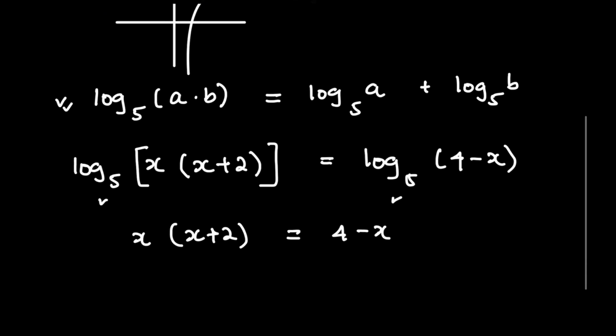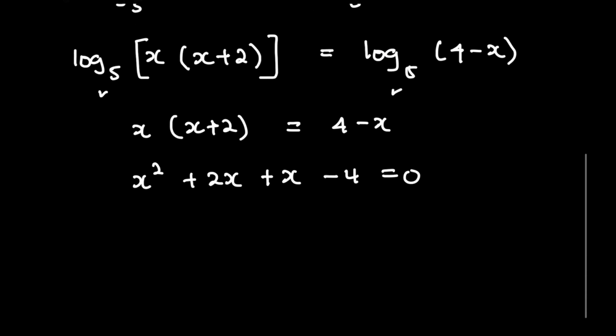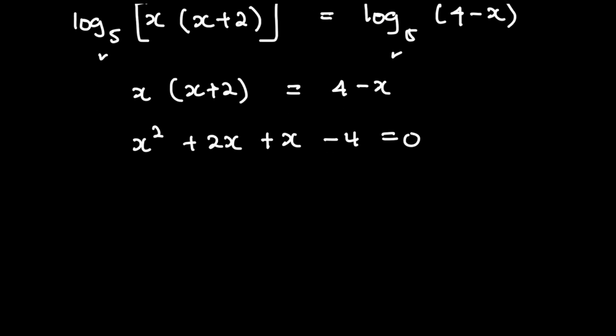This is something we are used to from high school. So this is going to be x squared plus 2x. Then if you bring the other terms to the other side, we're going to have plus x minus 4 equals 0.